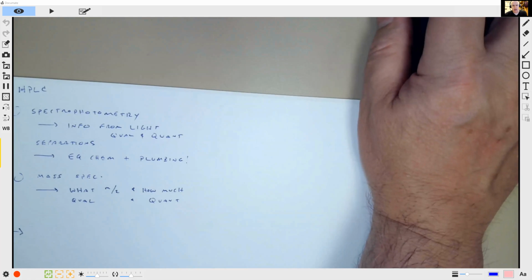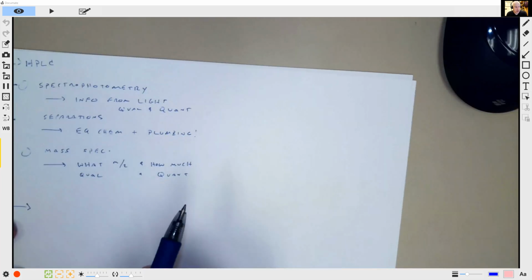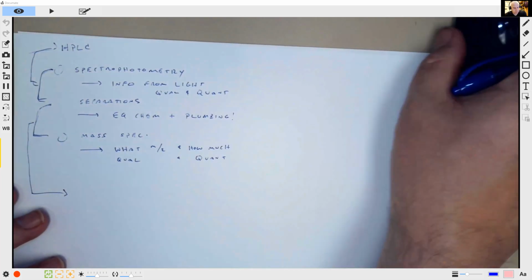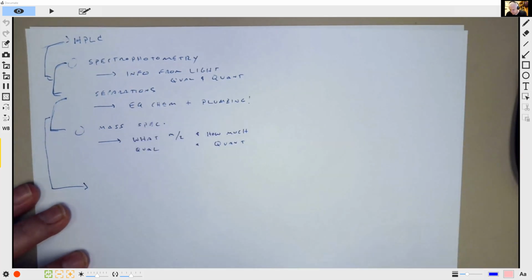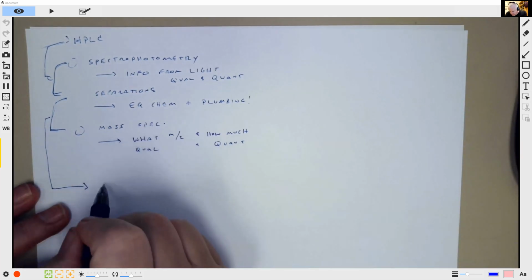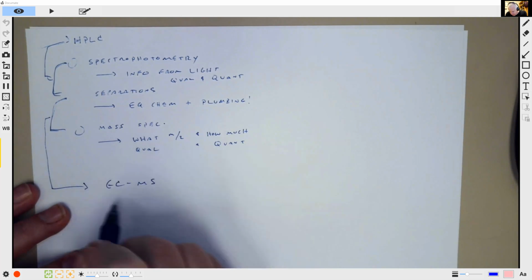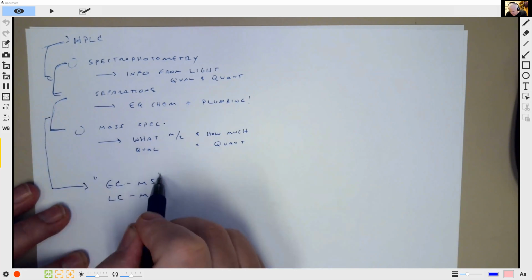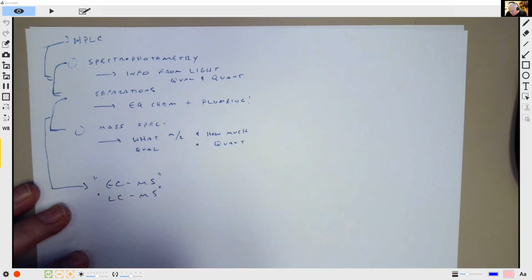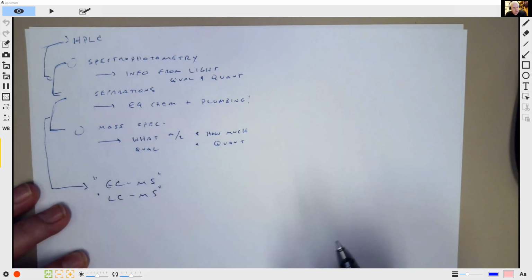Let me just get you guys down here where I can see you. And so there's GCMS and LCMS. These are two descriptors that describe separation and mass spectrometry detection.